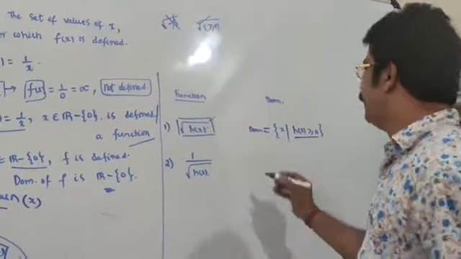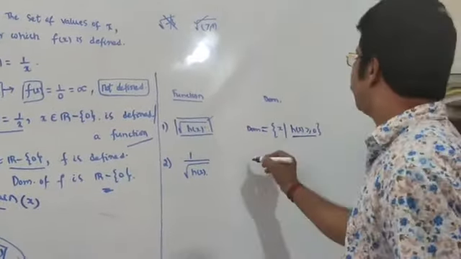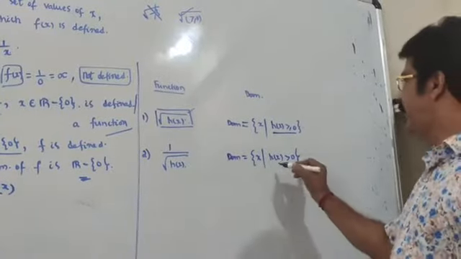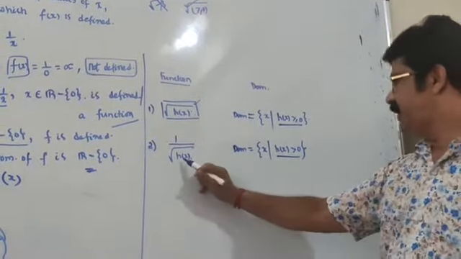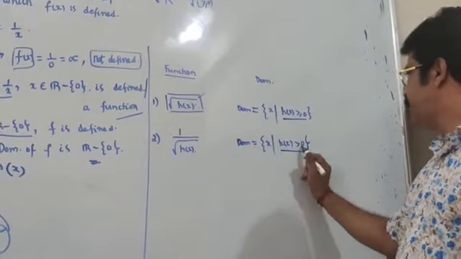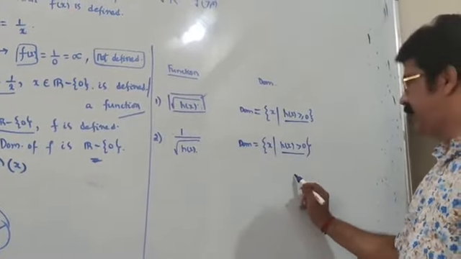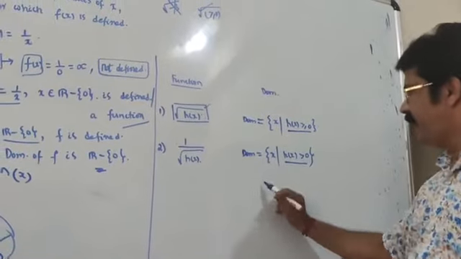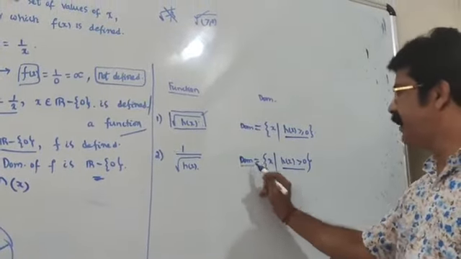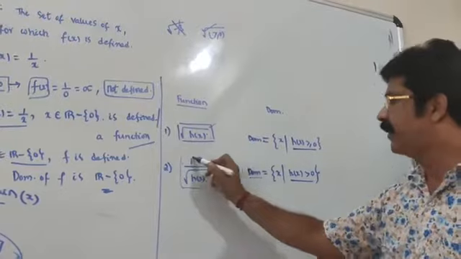That's why its domain is the set of values of x so that h of x is positive. Just put h of x greater than 0, and from this inequality, solve for x. That set of x is the domain of this kind of function.